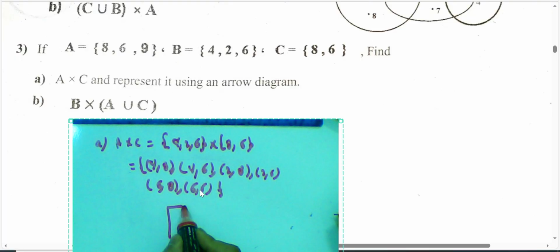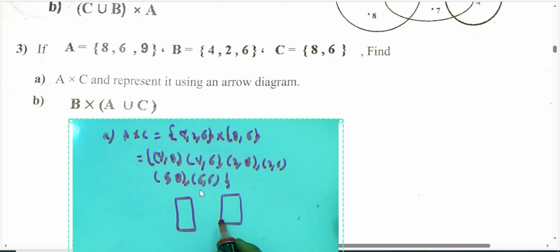We can draw the arrow diagram here. Two sets X and Y, or A and C. The elements of A are 4, 2, 6, and we have here 8 and 6. And then draw like this.